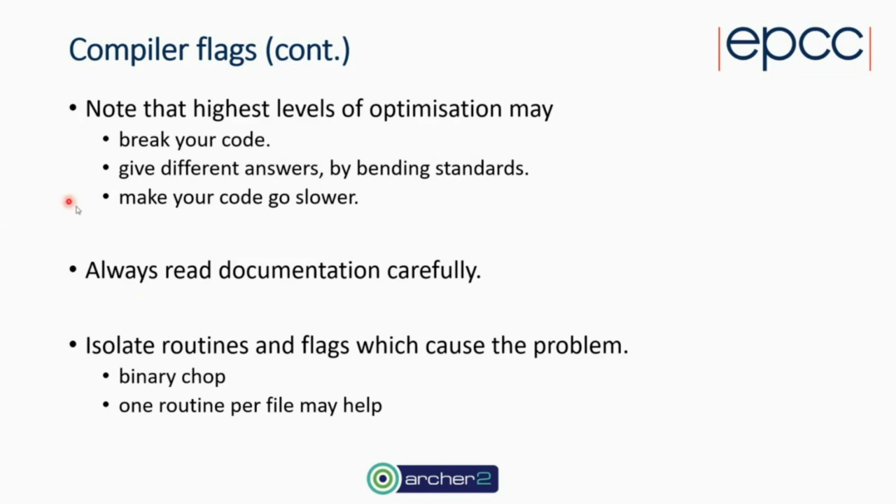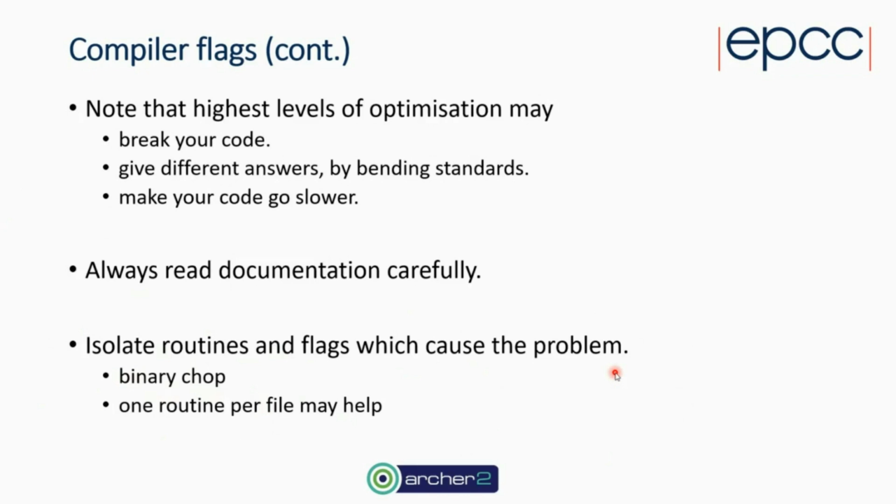And that's a bit of a tedious process, but you have to go through and work through files and then routines one at a time and try and dial up or dial down the optimization, and then structure your code in such a way that you can take the problematic parts out and compile them separately at a different level of optimization.